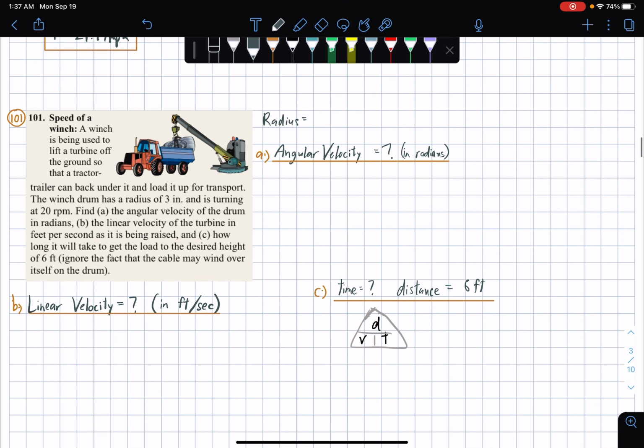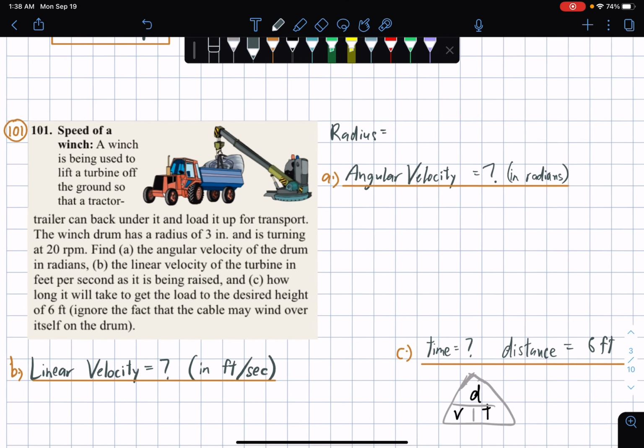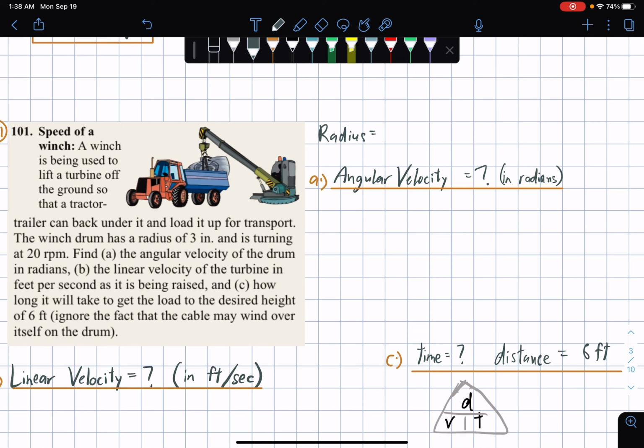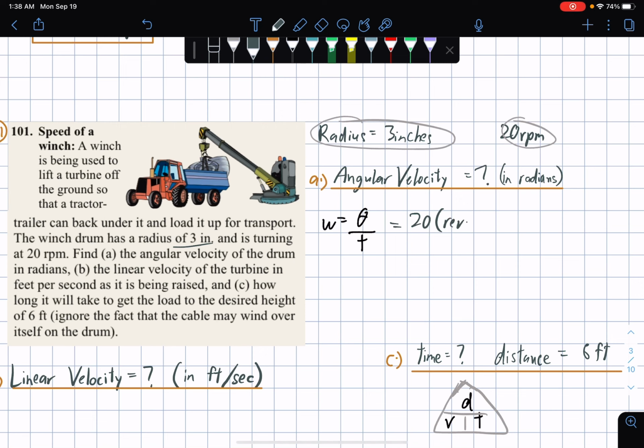Let's move to 101. Speed of a winch. So the radius is 3 inches, while the turning rate is 20 revolutions per minute. Right, for angular velocity, it's theta over t, 20 times revolution over 1 minute.